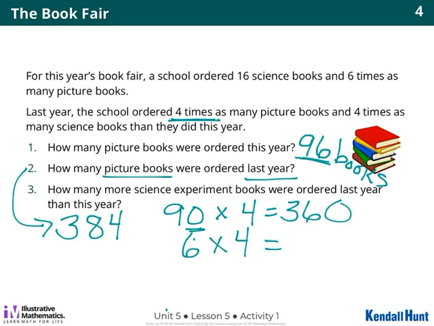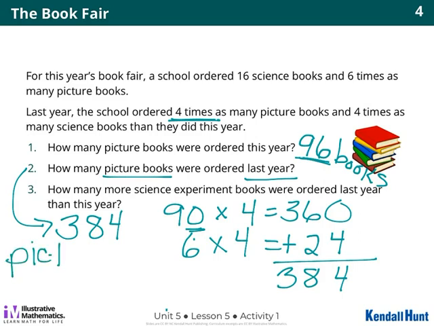Everybody, what is 6 times 4? 24. Okay, then I can add my 2 products. What is 0 plus 4? 4. 6 plus 2? 8. And 3 plus nothing. 3. So 384 picture books. Is that what you guys got? Good. Okay, now we're going to look at number 3.